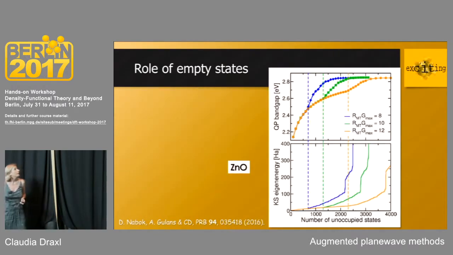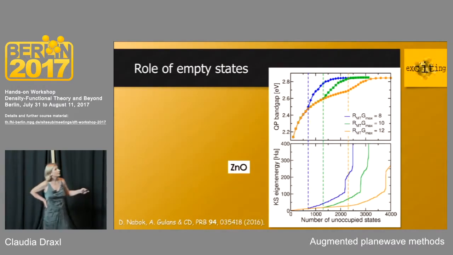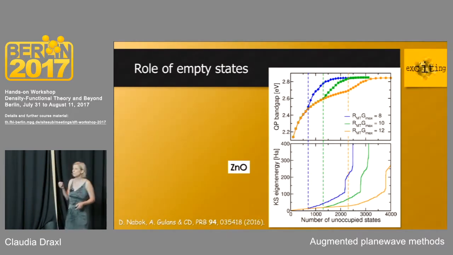So in another picture, there you see the Kohn-Sham eigenvalues as a function of unoccupied states, how they stay. You see here, if you take different RGK max, so different numbers of plane waves, this is not so important in this case. It's really the quality of the basis set inside the spheres that counts. So it's the number of local orbitals which makes the difference.